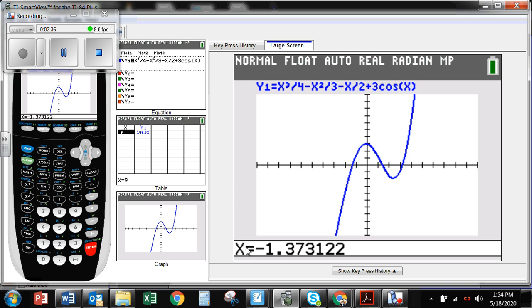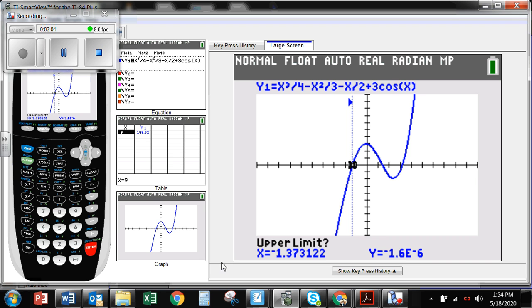Let's find out why. Oh, I used the wrong negative button, sorry. So the gray negative, negative 1.373122. Again, make sure you're not using the negative up here, because that is for subtraction; use the negative down the bottom.